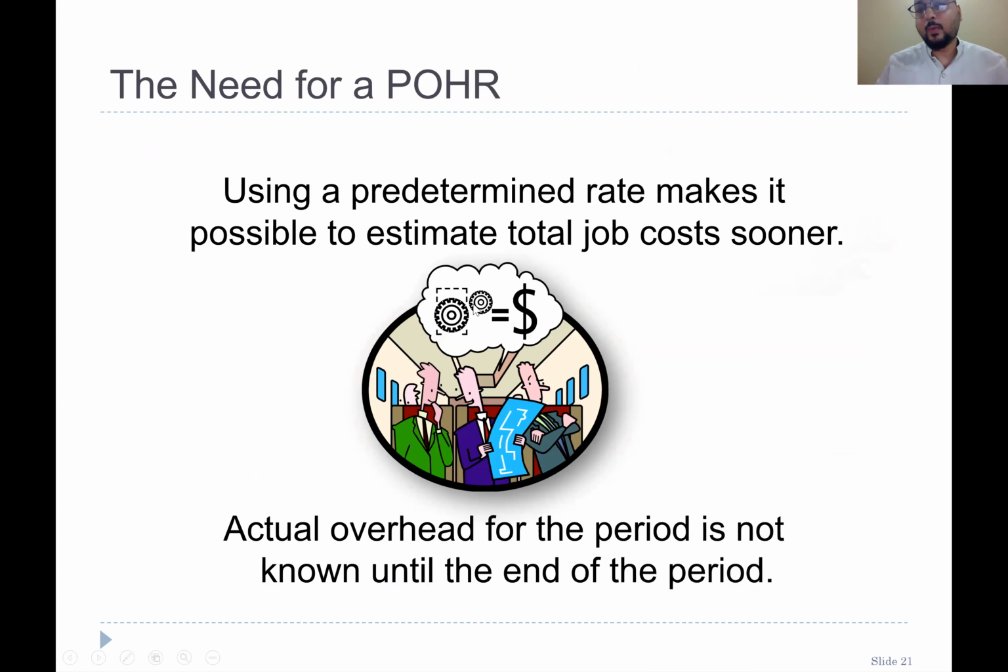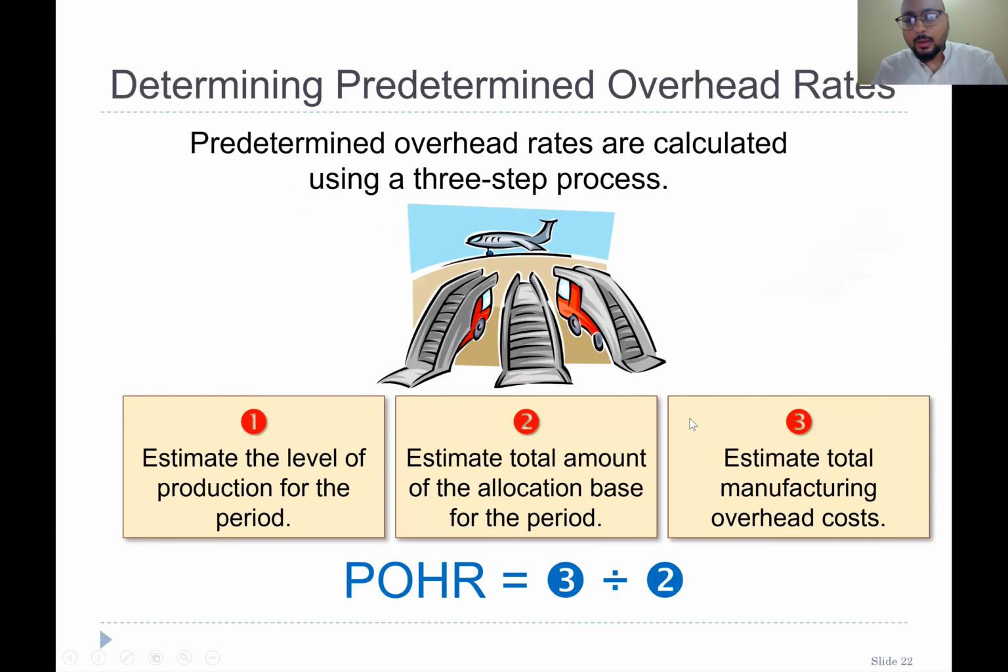Okay, now why is there a need for the predetermined overhead rate? Using a predetermined overhead rate makes it possible to estimate total job cost sooner. Actual overhead for the period is not known until the end of the period, like I just told you. So there are basically three steps to find out the predetermined overhead rate.